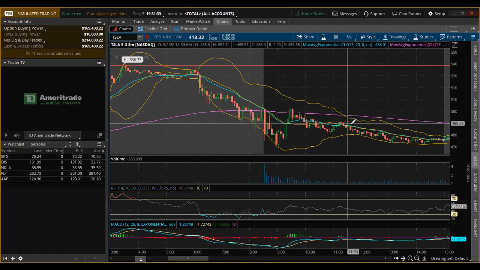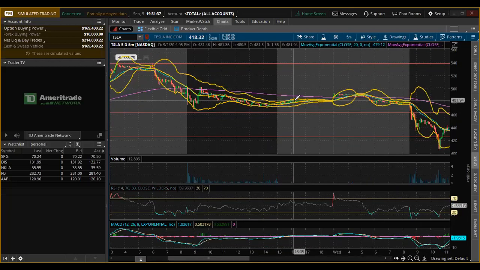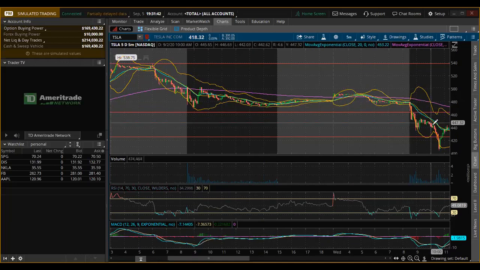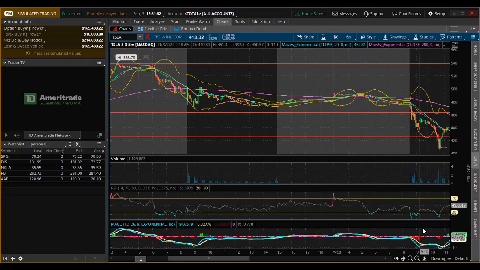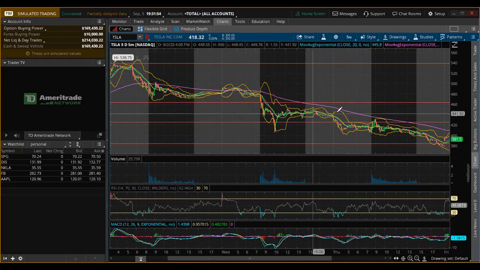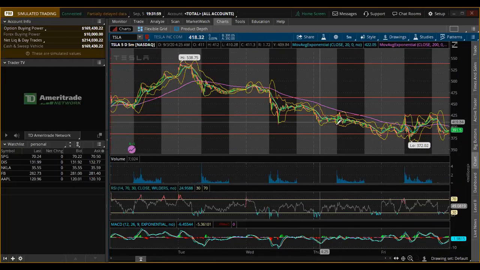But if you would have stayed in, you could have written it back down. It would have ended, and then the very next day, it would have pushed even further. So you would have got lucky on that one. But you just got to know when to be happy with your profit. Then it kept on going. And then it started trying to push back up. Started trying to push back up. Then it fell a little bit more.